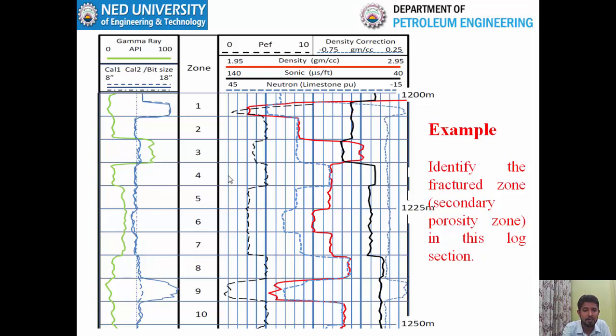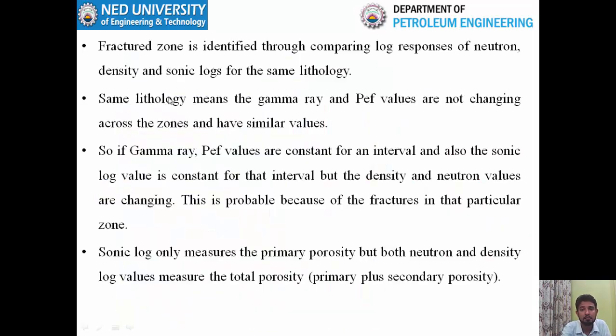So we have to identify the fracture zone in this log section, and as mentioned, that fracture zone is identified through comparing log responses of neutron, density and sonic log for the same lithology. And same lithology means the gamma ray and PEF values are not changing across the zone and have similar values.